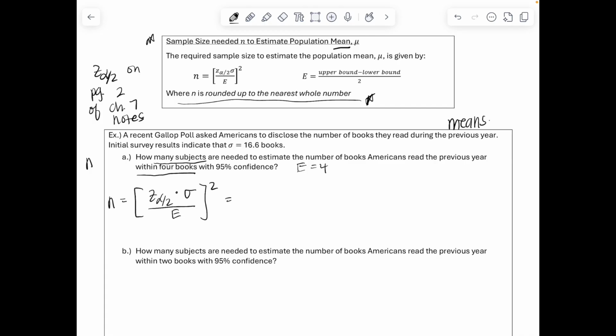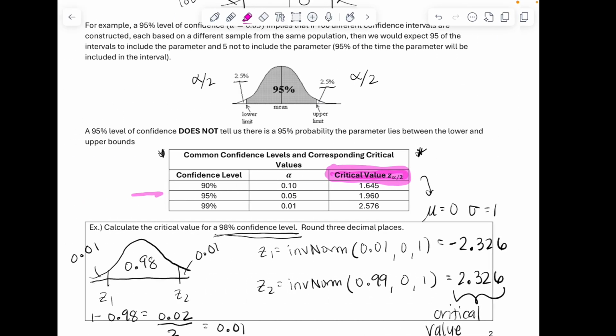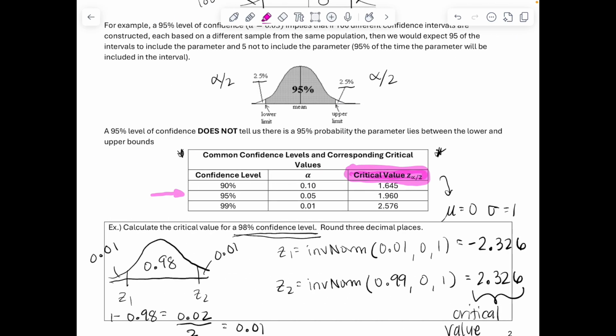And we do know that sigma is equal to 16.6. So we do need to get that Z sub alpha over 2. And remember that corresponds with our confidence level. And for this one, we are 95% confident. At our table, when we are 95% confident, our Z value, our critical value, is going to be 1.960.